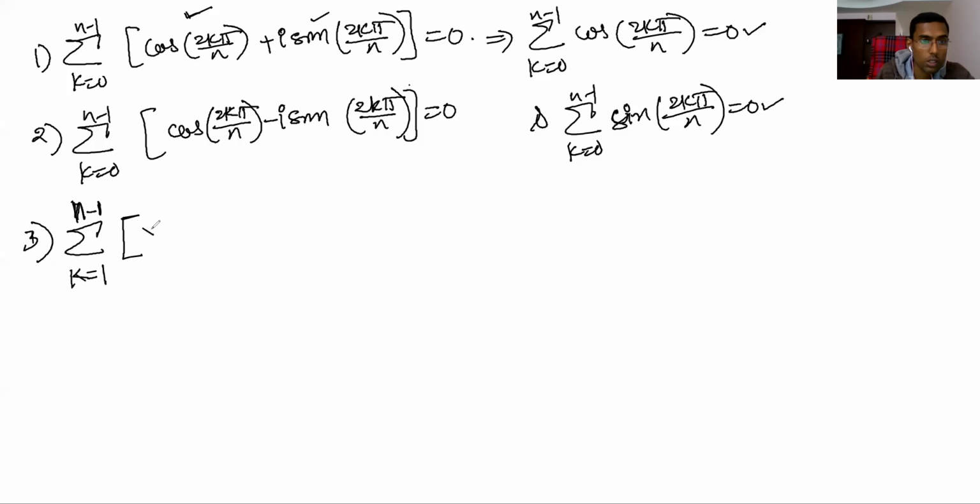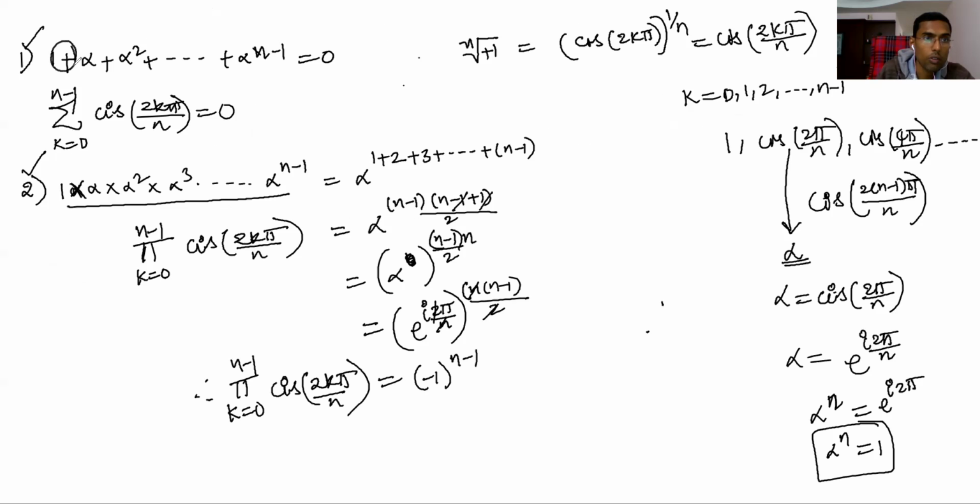This is the sum over k from 1 to n minus 1 of cos 2kπ/n plus i sin 2kπ/n. This is minus 1, because the sum of the nth roots of unity is 0. Here 1, alpha, alpha square, up to alpha power n minus 1 sums to 0. Alpha power 0 gives you 1. So k equal to 1 to n minus 1 means alpha, alpha square, up to alpha power n minus 1. That 1 will go to the other side, and it becomes minus 1. That's what we discussed already.